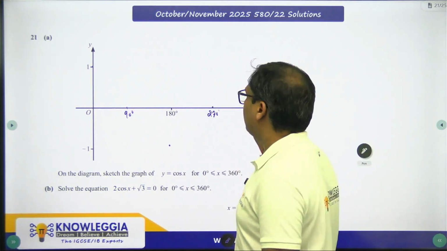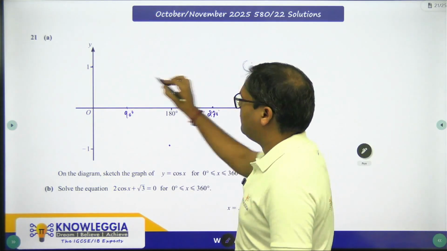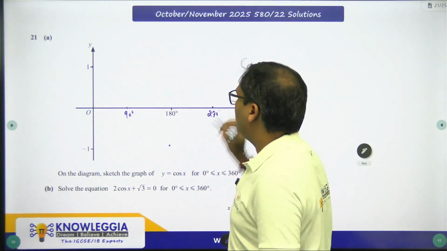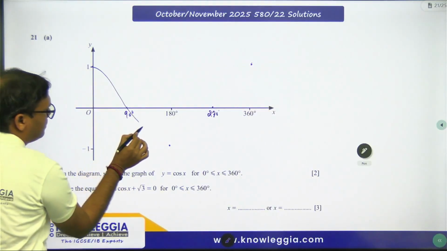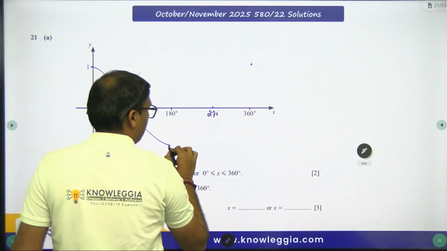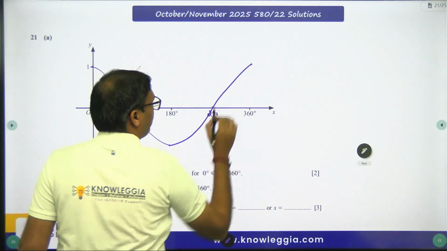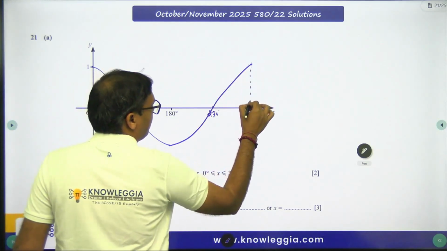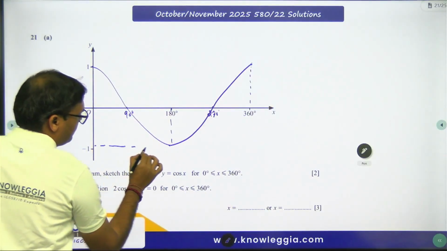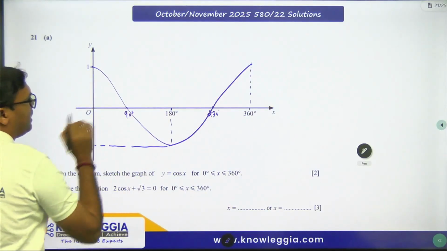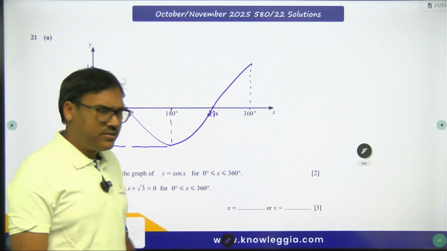And at 360, this is equal to 1. Right? Now, let's join these points. So you can see the graph looks something like this. This is 360. This is at 180. This is minus 1. And this is 0. This is how you can draw the cos x graph.